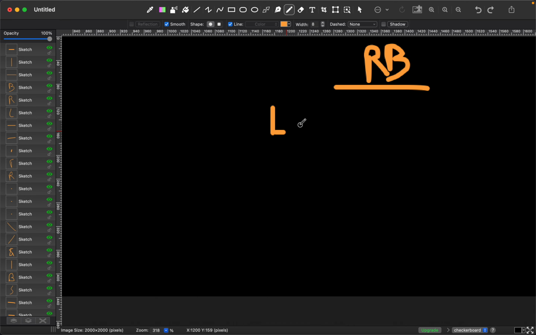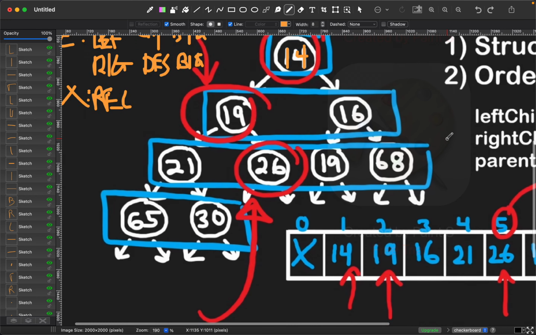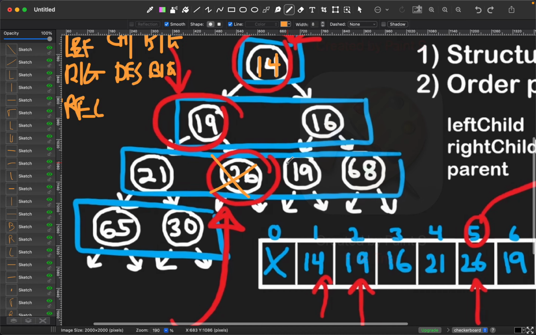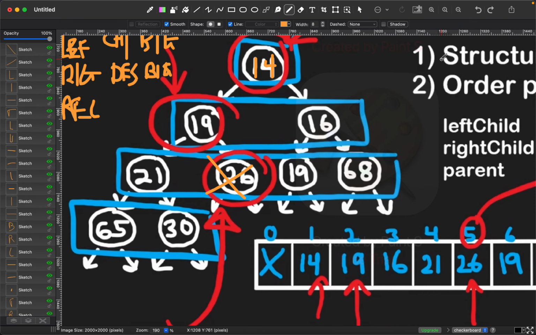Fundamentally, we're talking about it being fully filled up. Fully filled up means that if I don't have this guy over here, the structure property is not fulfilled. Similarly, if I remove this guy, it also means it's not fully filled. He has to fill up this guy, and this guy over here.